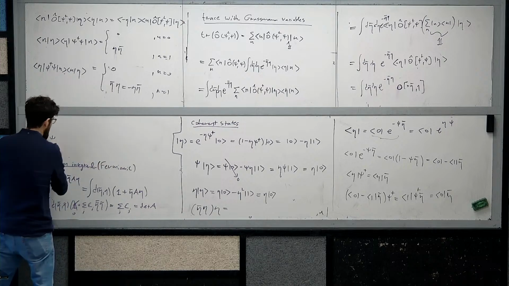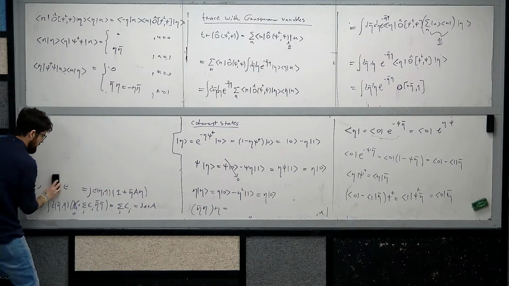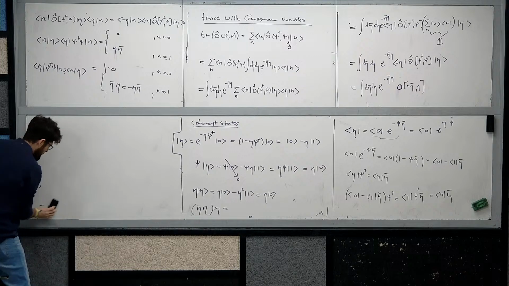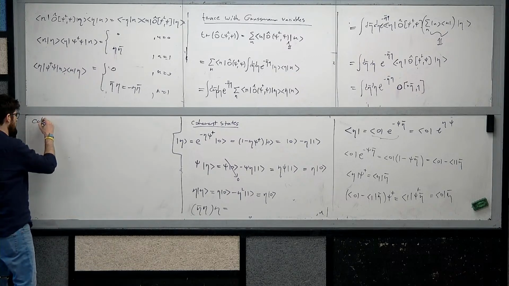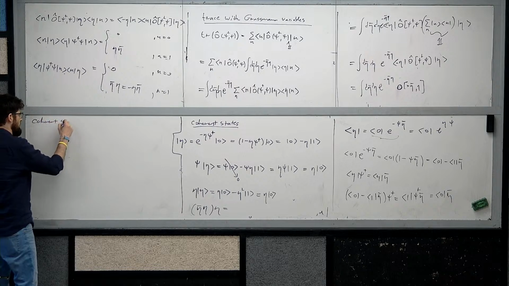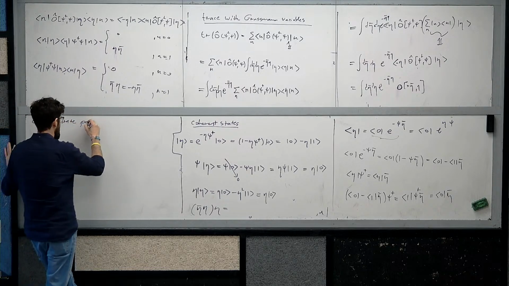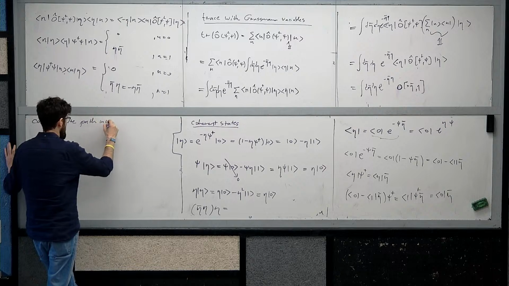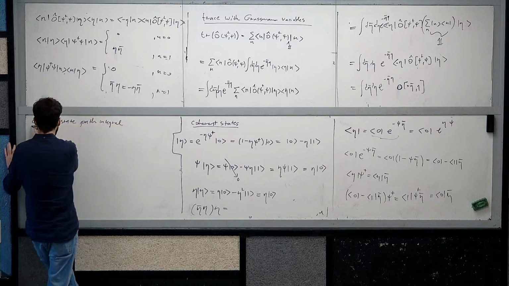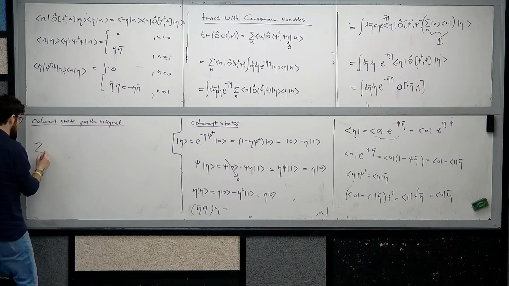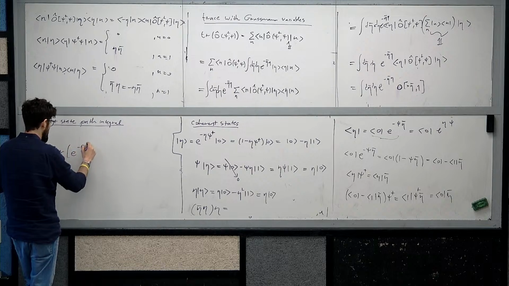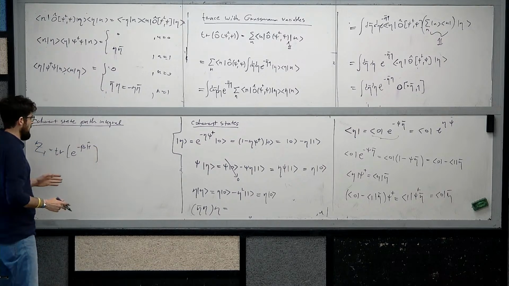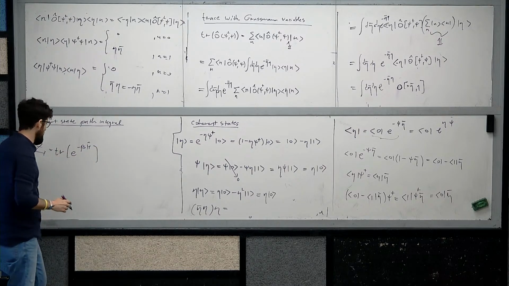So now we can finally do the path integral. Coherent state. What we're going to compute is, as I mentioned, the partition function, which is just the trace of e to the minus beta h. And h can either be a Hamiltonian of fermions or bosons.